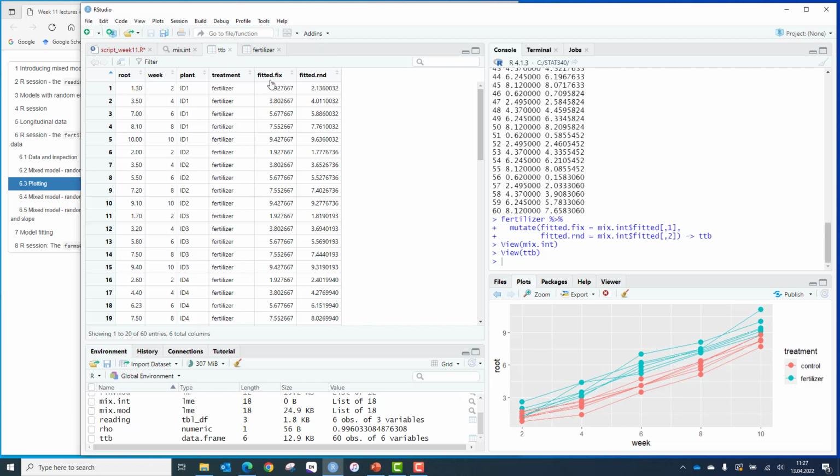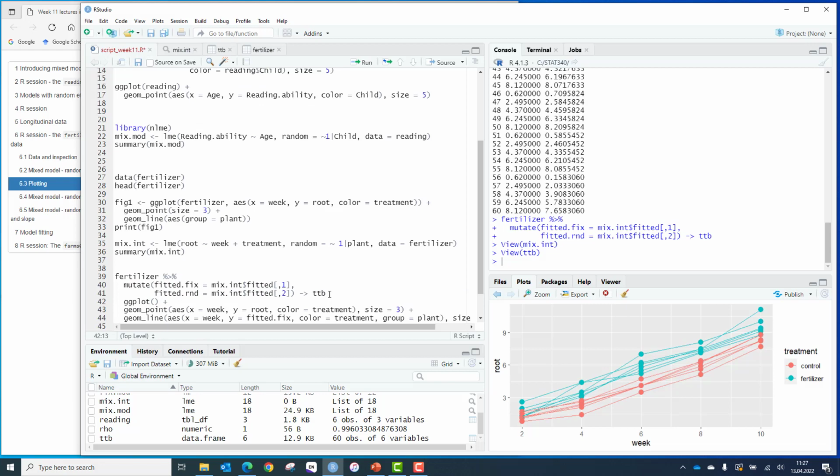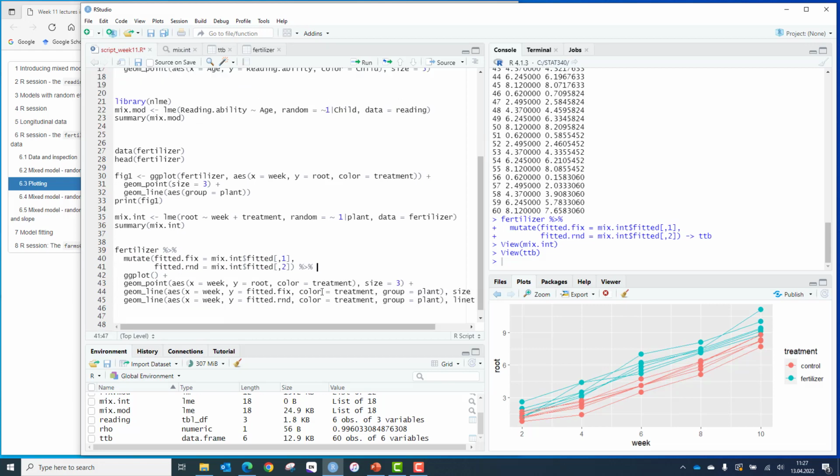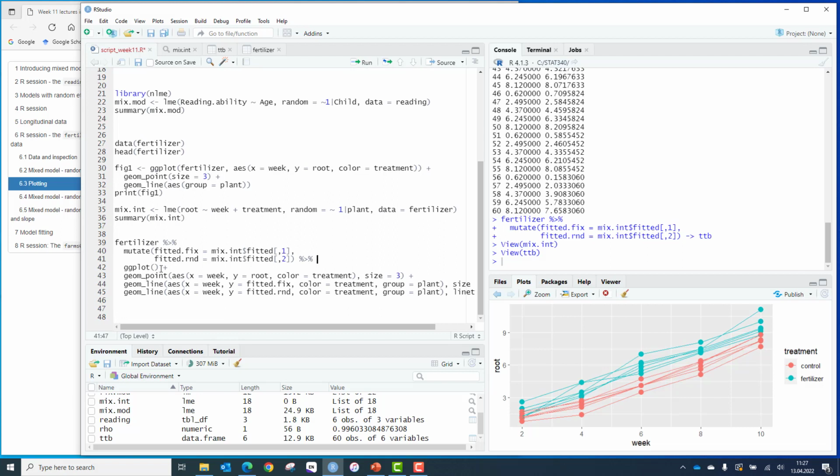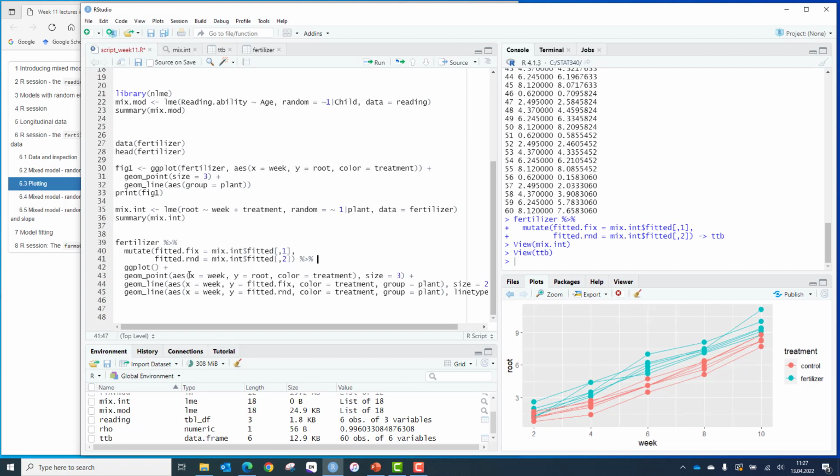We have the original data plus these fitted values added, right? And then instead of storing it, we put in a pipe operator again. Then I just pipe this into ggplot, and again I plot with time on the x-axis, root on the y-axis, and I color by treatment.